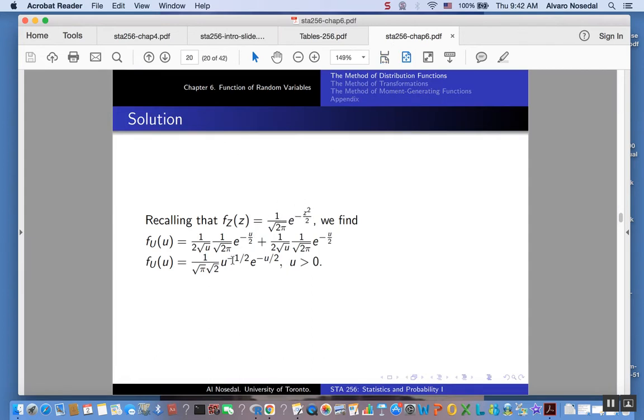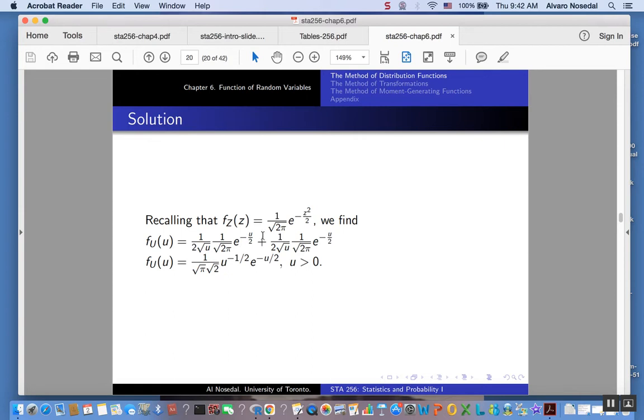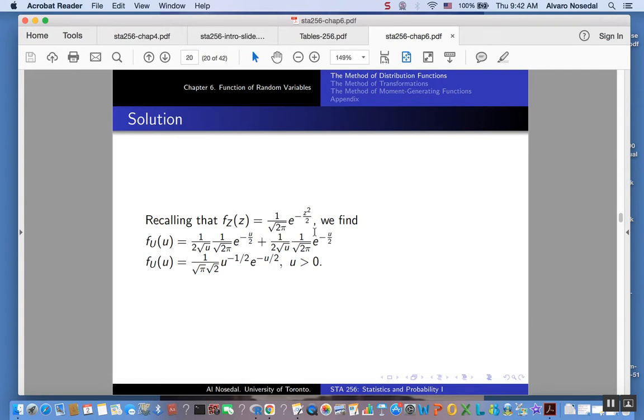Then we just have to plug in. We are, let me remind you, evaluating that expression at the square root of u. So wherever we have z here, we are going to be putting a square root of u. So square root of u squared is going to be just u. In the case of this one, that minus, when we square, is going to turn into a plus. So that's why we have this.